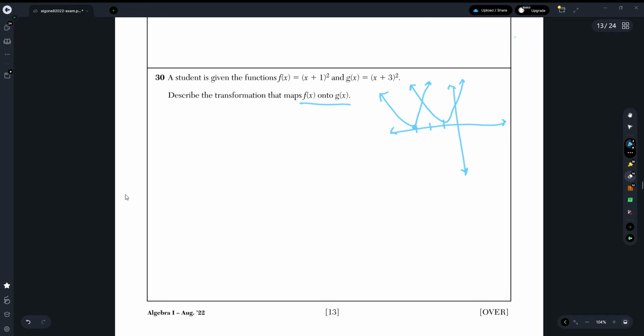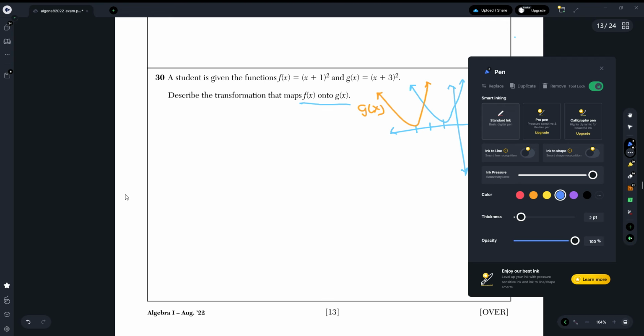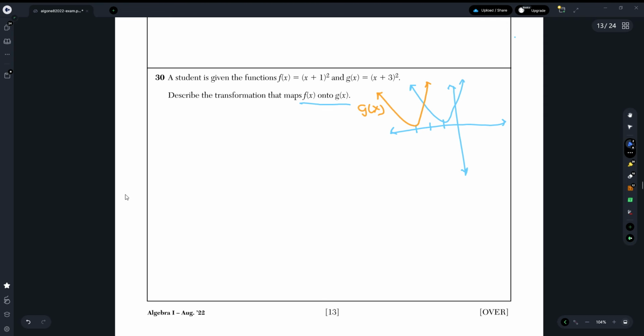I'll draw that in a different color to make it look better. Another one is touching down at -3. The one touching down at -3 is actually g of x, and the one touching at -1 is actually f of x.